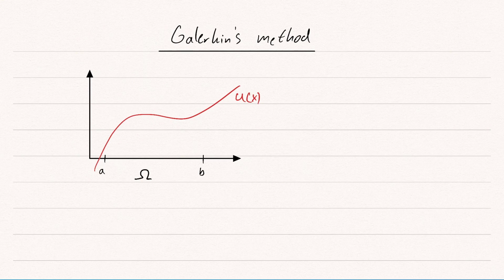And this function is going to be approximated by another function of our choice, any way we want. So we can do something like this and call this capital U of x. This is the approximating function that approximates u of x.